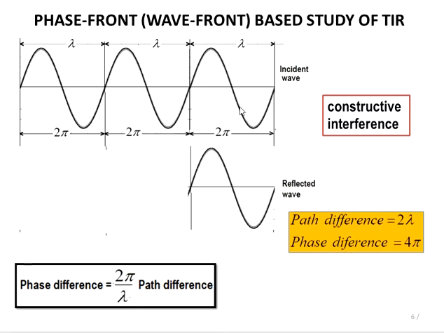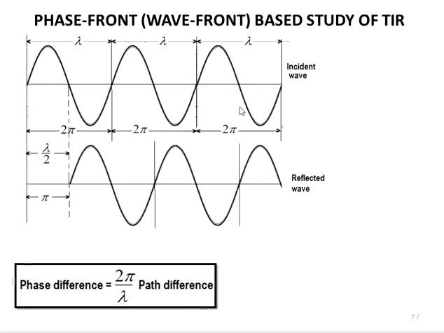Now let's see the other case. Consider the reflected wave is shifted by lambda by 2, or pi radians. So the phase difference between incident and reflected wave is now pi radians.